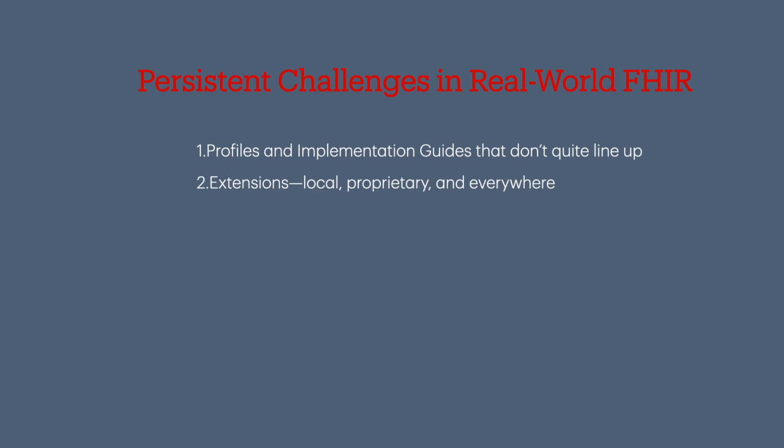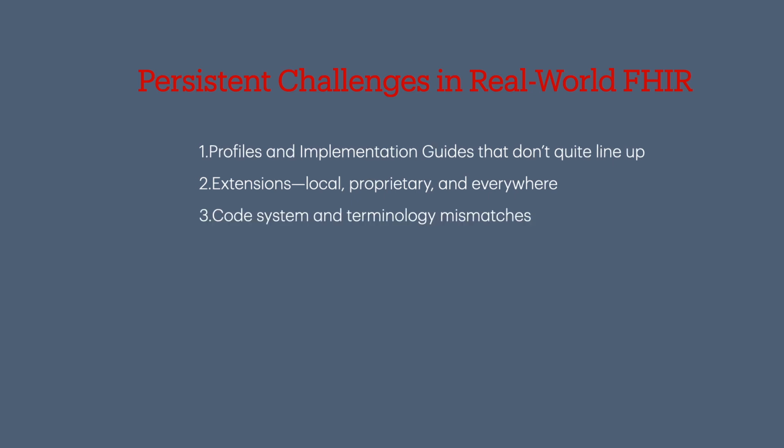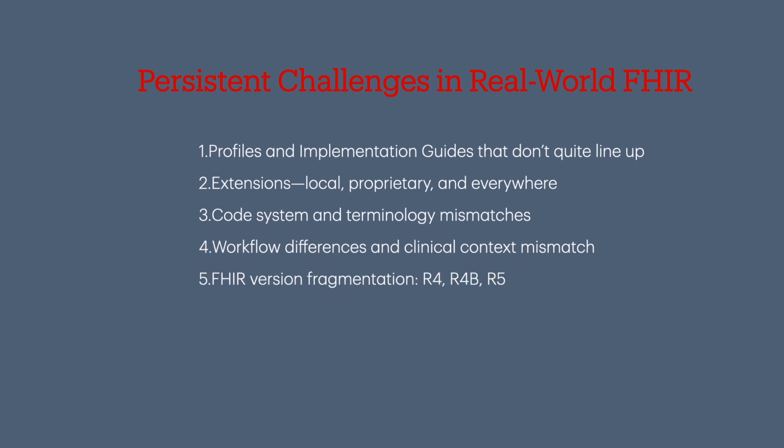Extensions accumulate, local, proprietary, and unavoidable. Terminology systems don't always line up, even when the codes look similar. Workflow assumptions differ, and clinical context gets lost. Versions fragment, R4, R4B, R5, and compatibility becomes conditional.